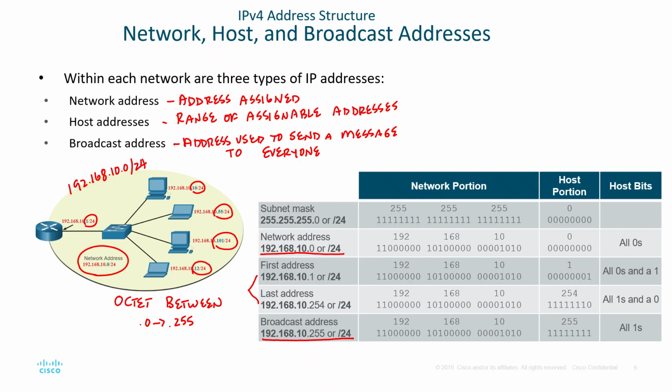What I can use is the range in the middle. So the range in the middle would start from .1 to .254. These are my usable addresses for my devices.